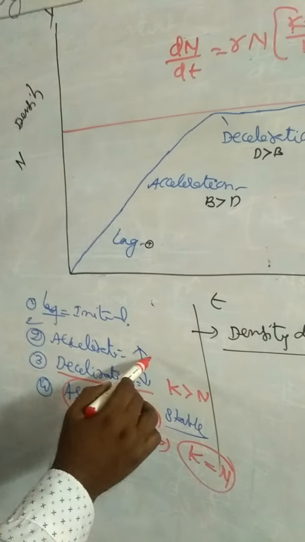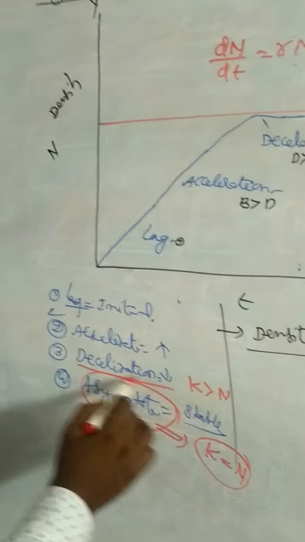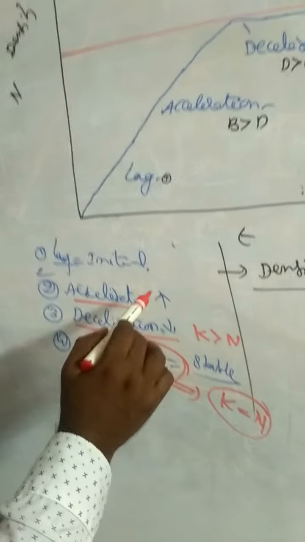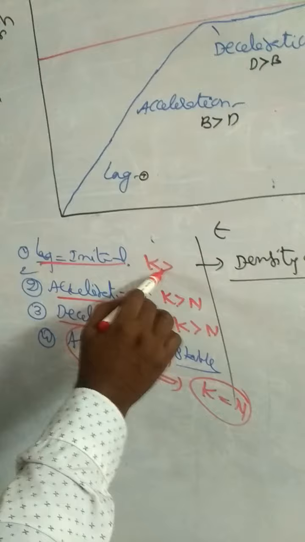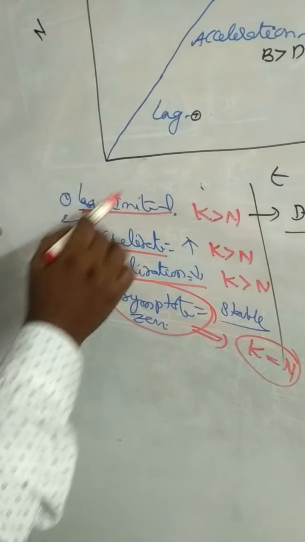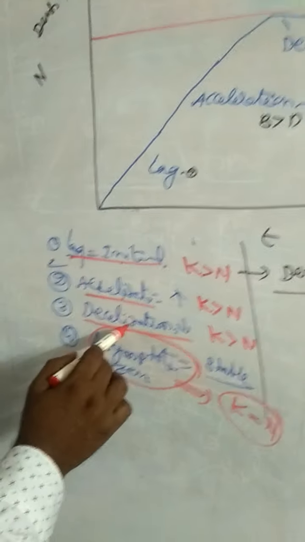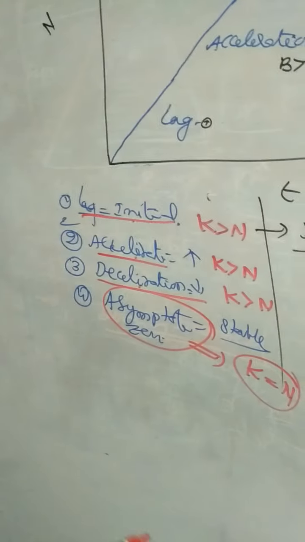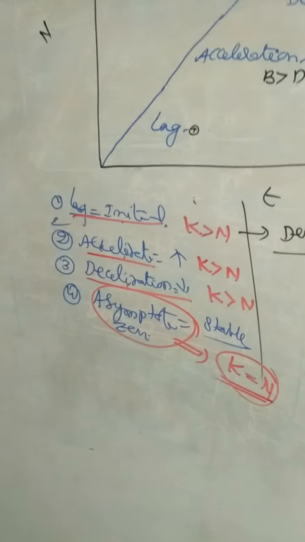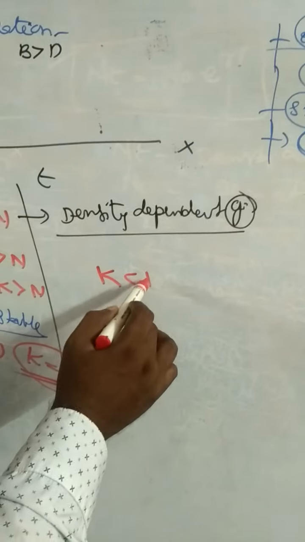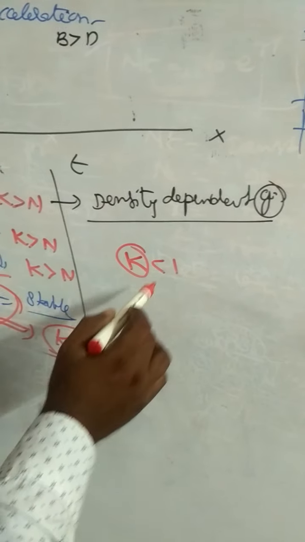In acceleration phase also, carrying capacity is more than density. Initial stage also, carrying capacity is more than density. Carrying capacity is more than density in initial phase, acceleration phase, and deceleration phase. K is equal to N at asymptote.